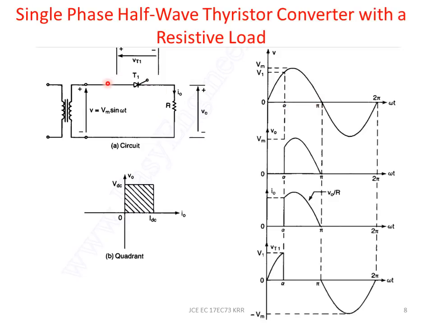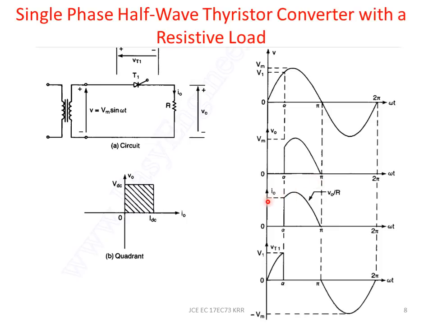Once it conducts, the switch acts like closed and current flows through the load resistance, so the resistance comes across the input, and the voltage across the load will be the same as the input. The input is going to be like this from alpha to pi, so the load voltage will be the same as the input from alpha to pi.